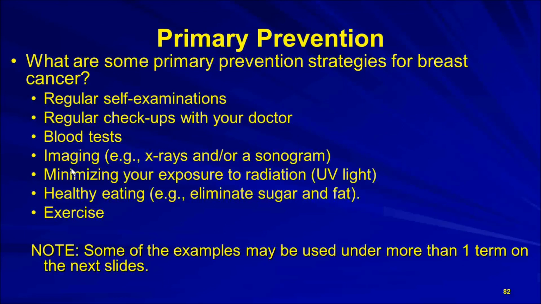Now, it might be that in some cases, based on history, you might have somebody start at 30 or 35 or maybe 25. We've just had a famous celebrity, because of family history, who had a total mastectomy of both breasts.